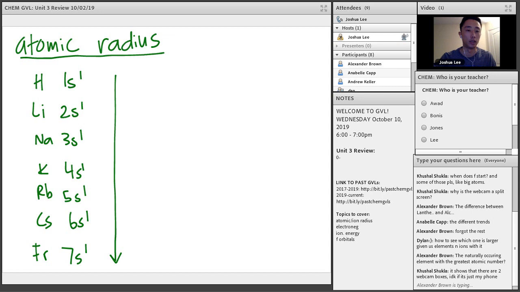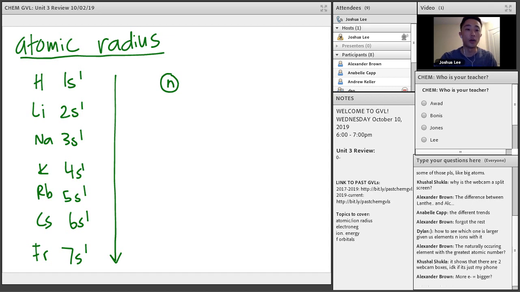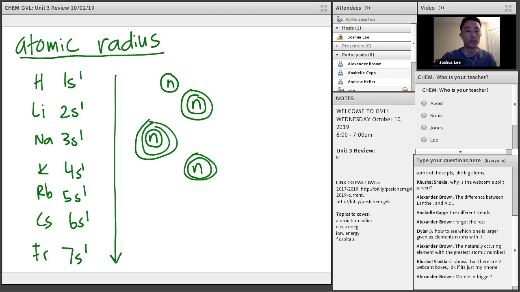So let's pretend hydrogen looks like this with the nucleus in the middle. 1s might look like that with your one electron in there. Lithium, not only does it have that 1s, but now it has the 2s. Sodium has the 1s, the 2s, and also 3s electrons. Potassium has the 1s, 2s, 3s, and it has the 4s.